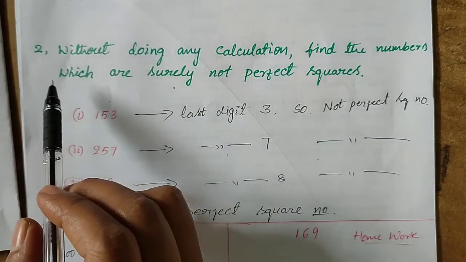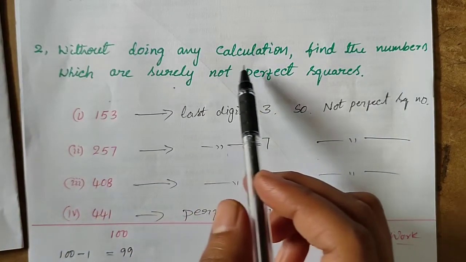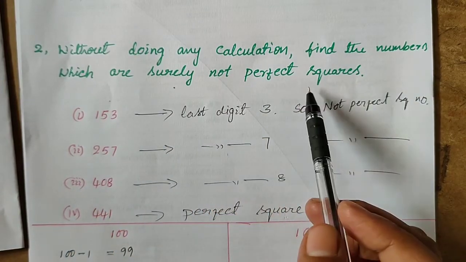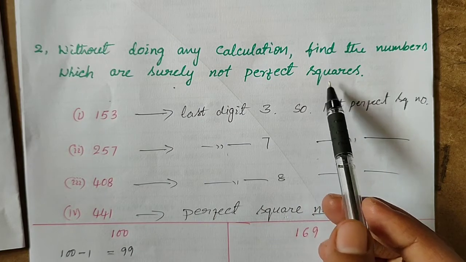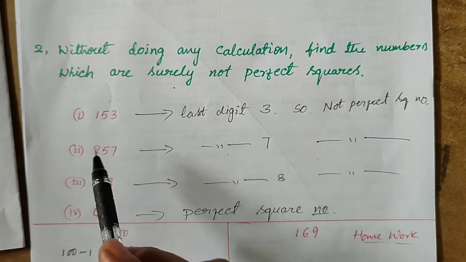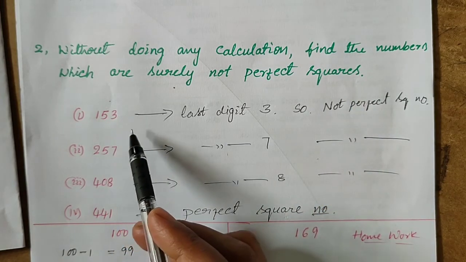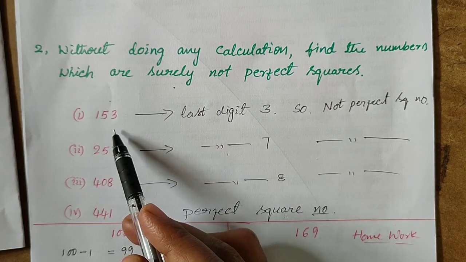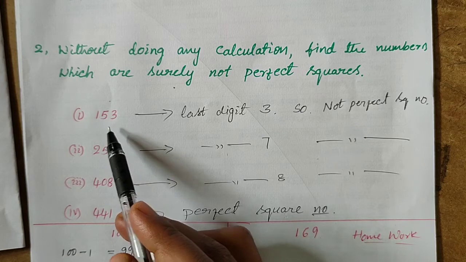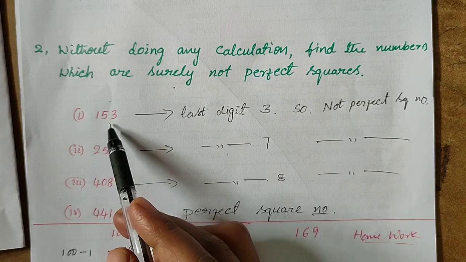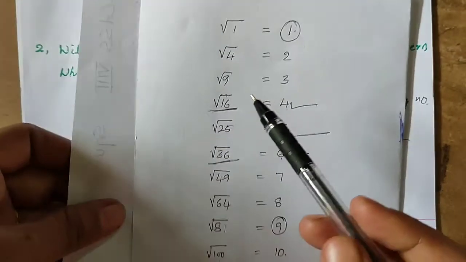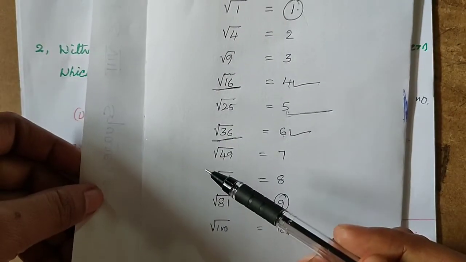Now going to the second problem. Without doing any calculation, find the numbers which are surely not perfect squares. We do not need any calculation, but by observing the number you can say whether it is a perfect square number or not. The first question is 153. Observe once again these square numbers.